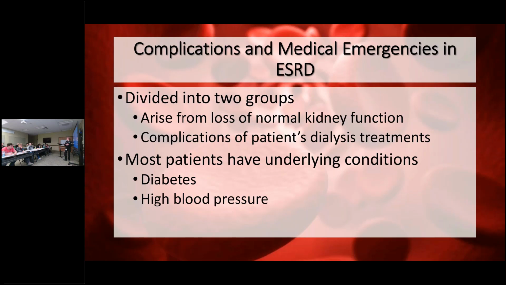So keep that in mind whenever you're assessing these patients, because 98% of the time, our patients don't have just one thing going on with them, right? So check the blood pressures, check the sugars, do the 12 leads, all that kind of stuff.